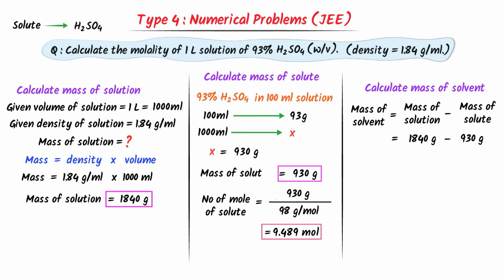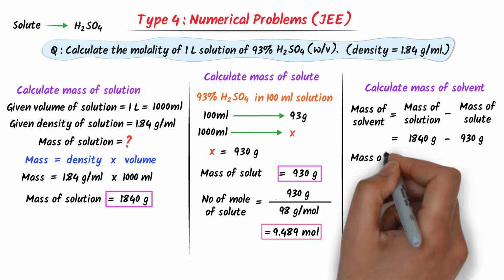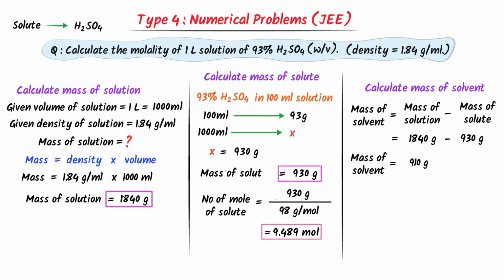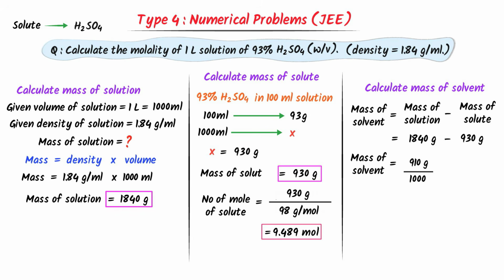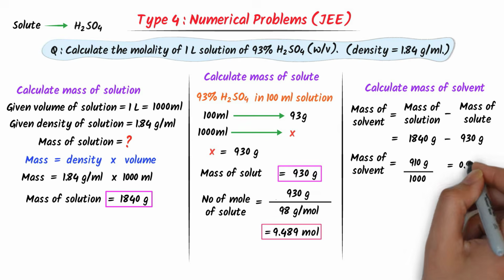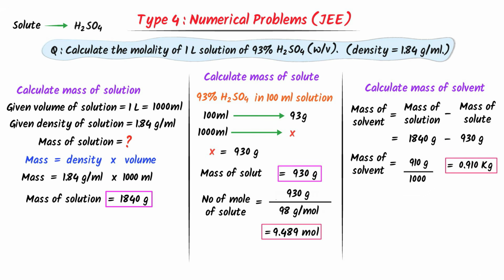After calculation, I get mass of the solvent is equal to 910 gram. Now I convert the mass of the solvent to kg. I divide it by 1000. I get mass of the solvent is equal to 0.91 kg.